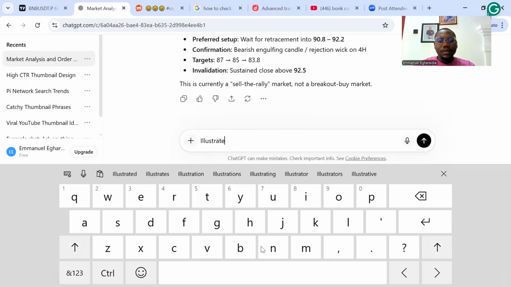Now, the other way we can do this, you give it a prompt. Kindly illustrate. It doesn't have to be rude though, ChatGPT no go change that for you. Kindly illustrate. Sorry.